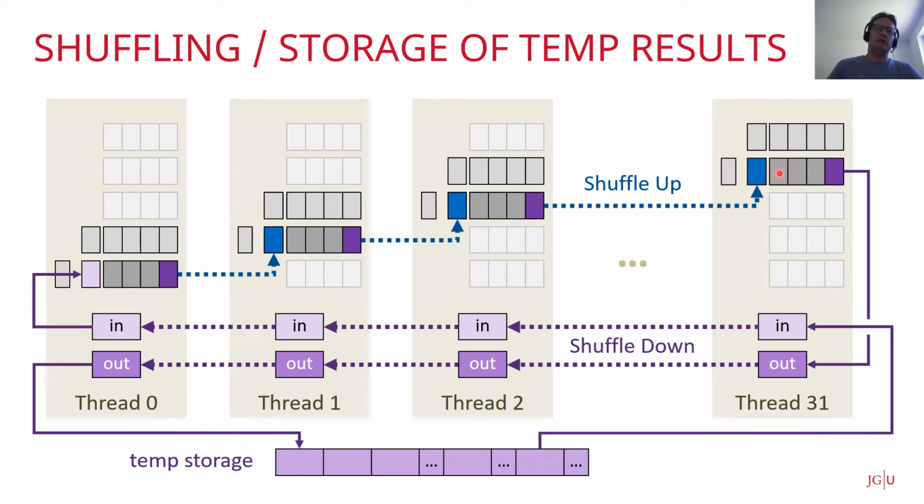So in a similar way, we can then use the rightmost value in a warp and shuffle these values down into additional registers, store these in a temporary storage, and then retrieve them and also shuffle them down, just like the query characters, to supply the next pass with the correct input values from the left.